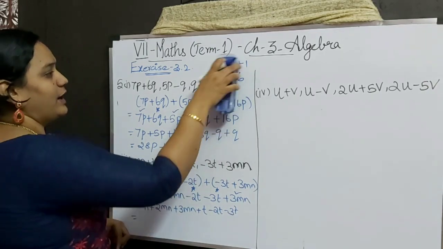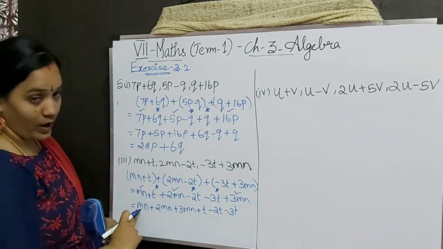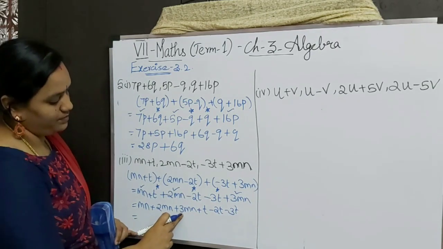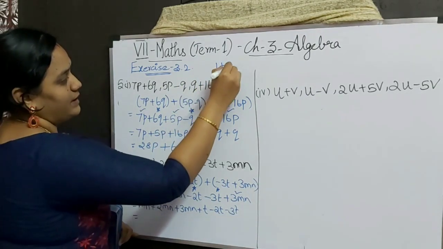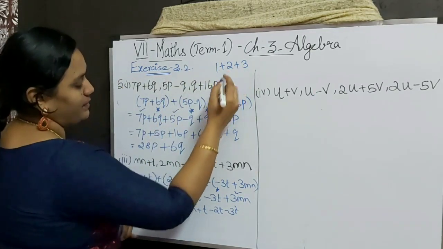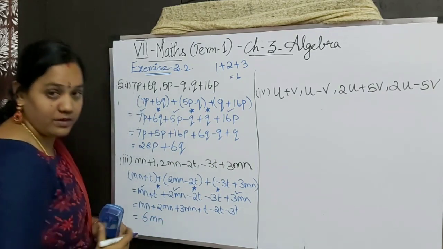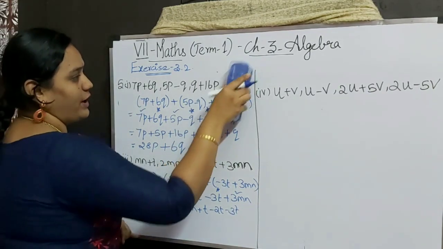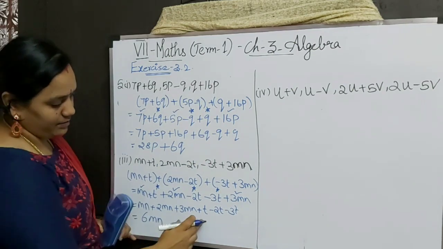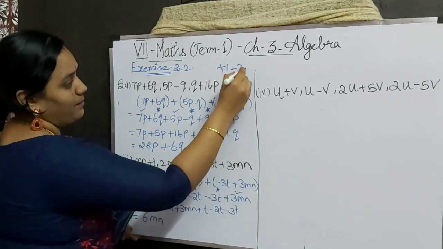So now I am going to write the coefficients of the mn term: 1 plus 2 plus 3. What is the value here? 1 plus 2 is 3, 3 plus 3 is 6. So here 6mn. Next I am going to write the coefficients of the t term: plus 1, minus 2, minus 3.